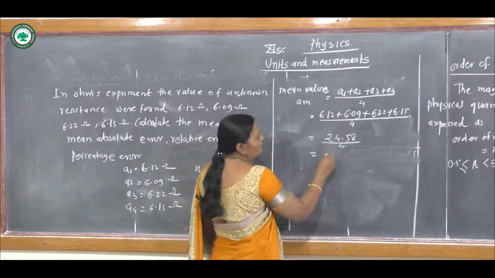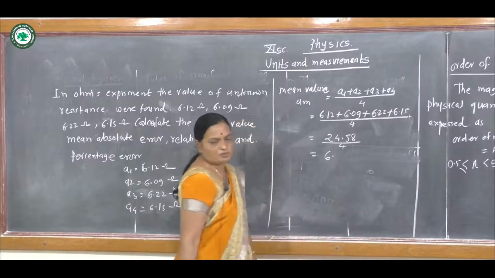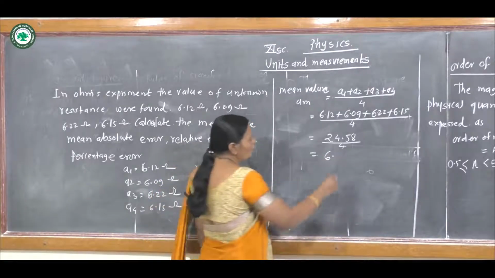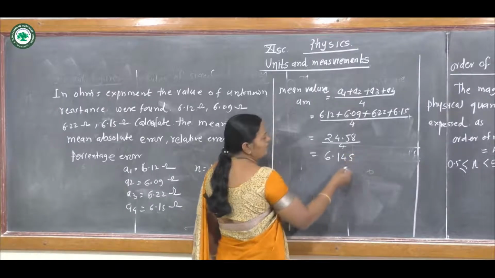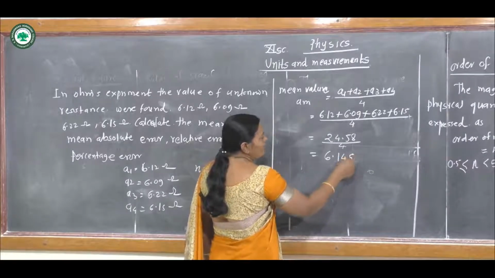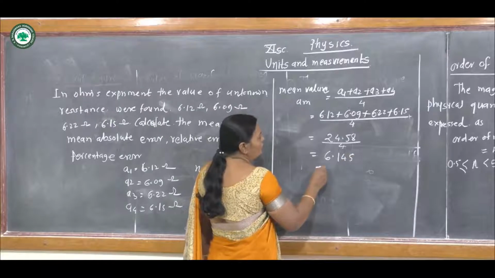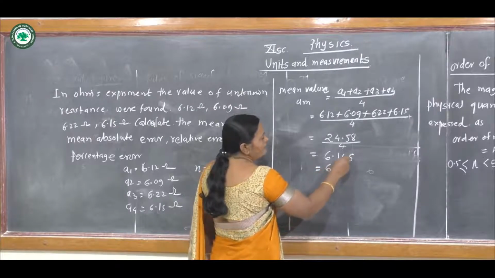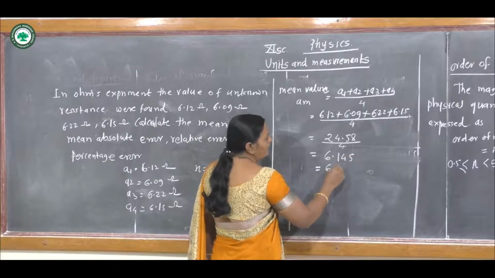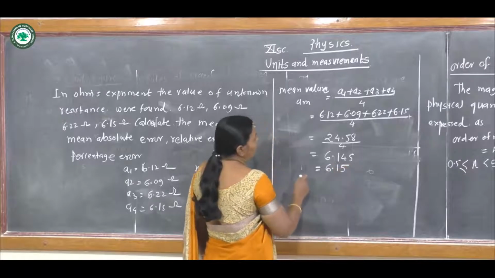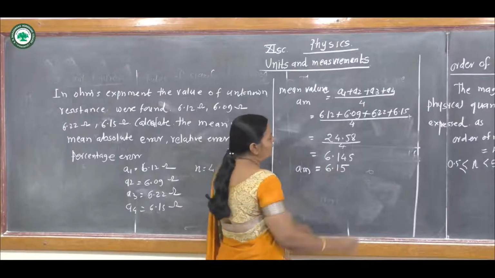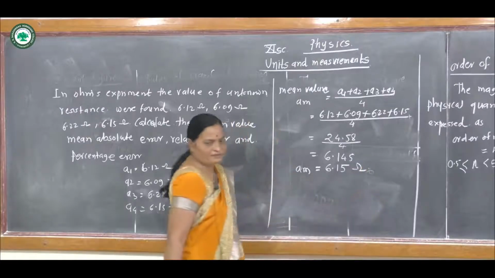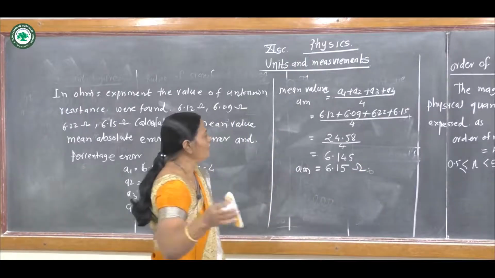Dividing by 4, we get 6.145. Now this last figure is 5, so we round it up and we get 6.15. That is, the mean value is 6.15 ohm.